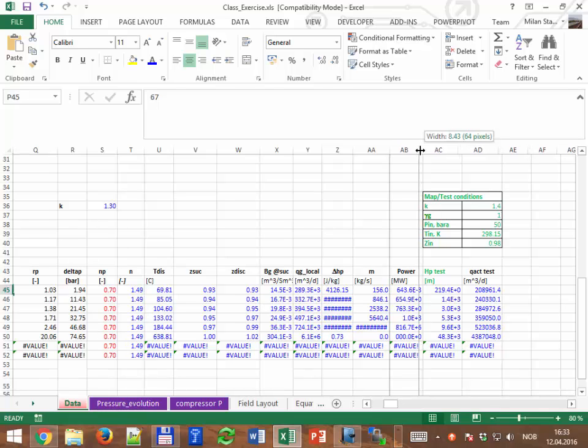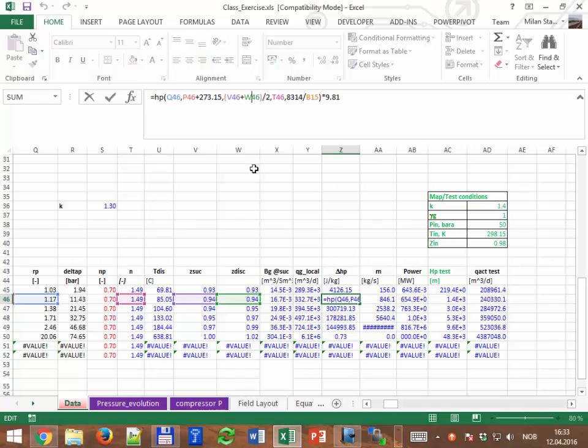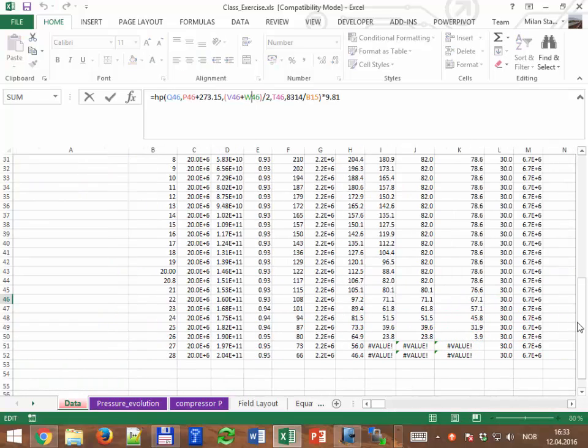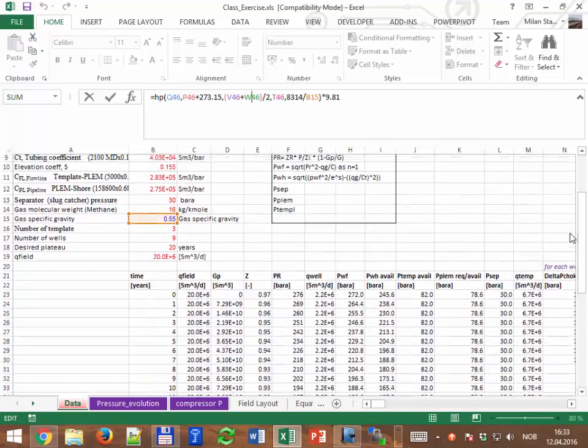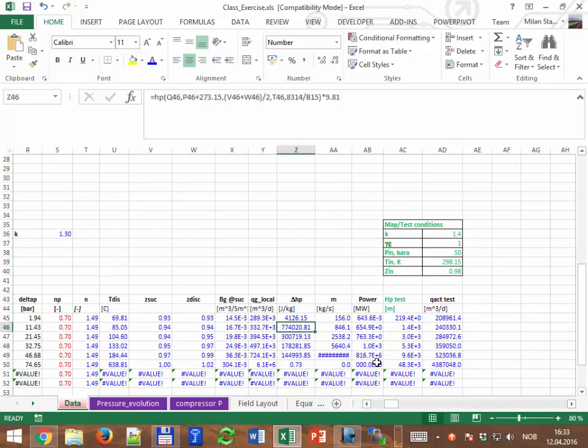643 kilowatts. Here there is something wrong. 85. Maybe one of the properties is not... I think there is something that is not frozen.